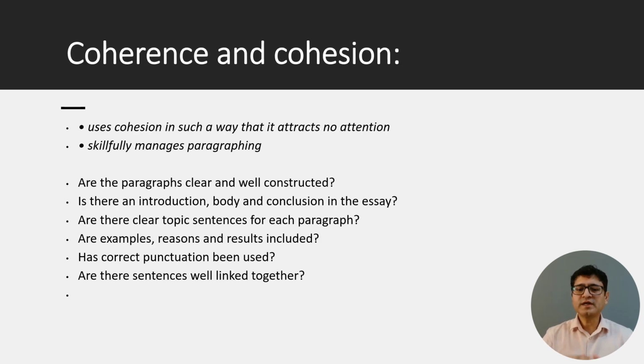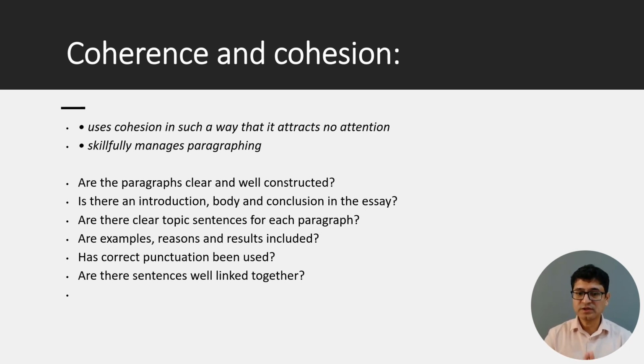Let's move on. Coherence and cohesion. How will you ensure that you are getting a full band on that? Use cohesion in such a way that it attracts no attention. It shouldn't look artificial. It shouldn't look forcibly put. You should use it naturally, the way the argument develops. You have to manage paraphrasing and cohesive devices skillfully. Are the paragraphs clear, well connected and well constructed?